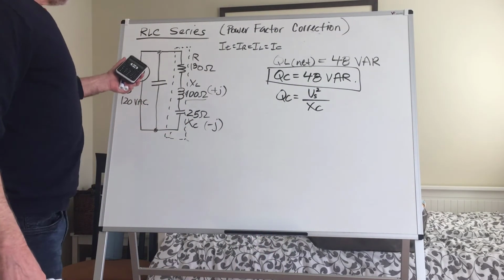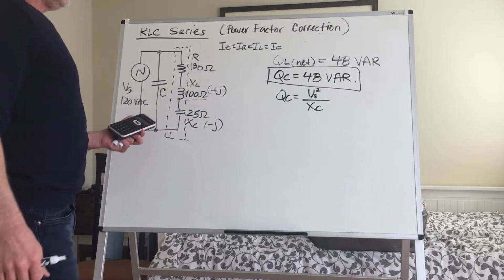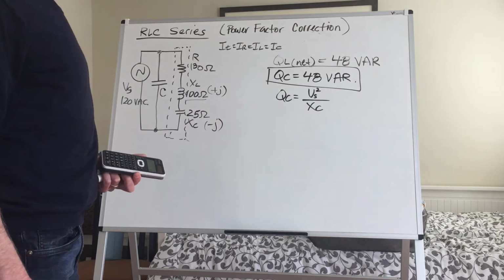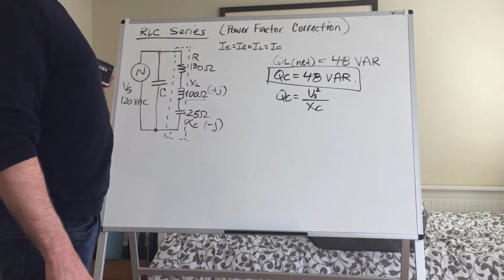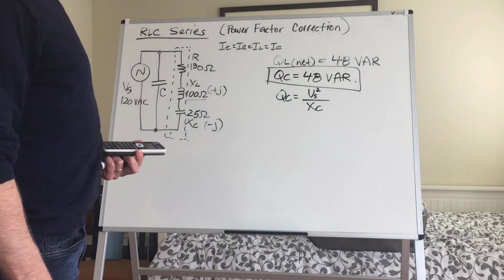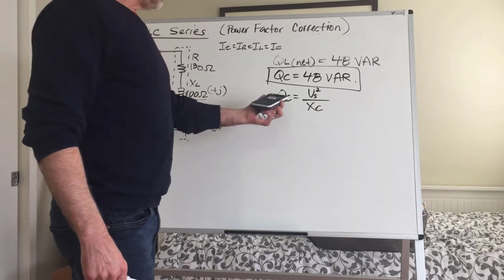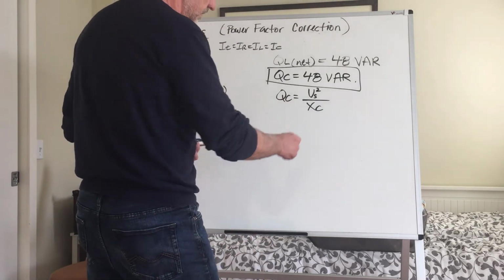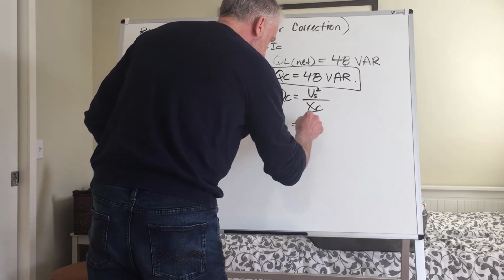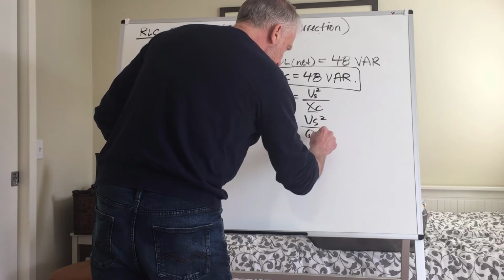But remember, in order to come up with the value of C needed here, we need to move forward with determining the value of XC in order to use 60 hertz and that way figure out the value of C in farads. So where do we go next after we have this? Well, we're looking for a value of XC, so XC is equal to Vs squared over QC.